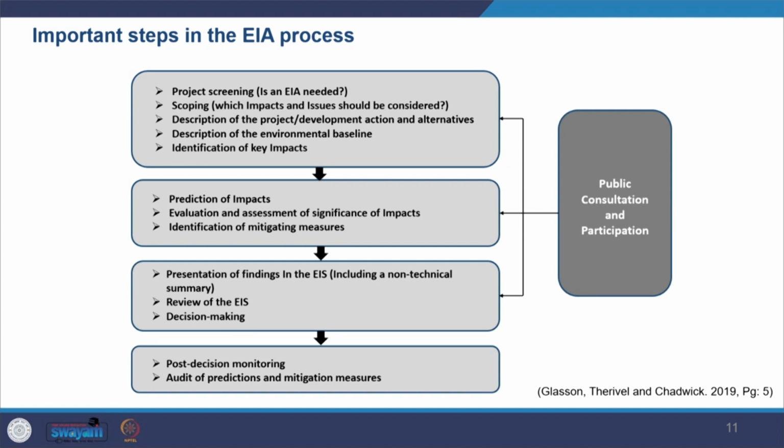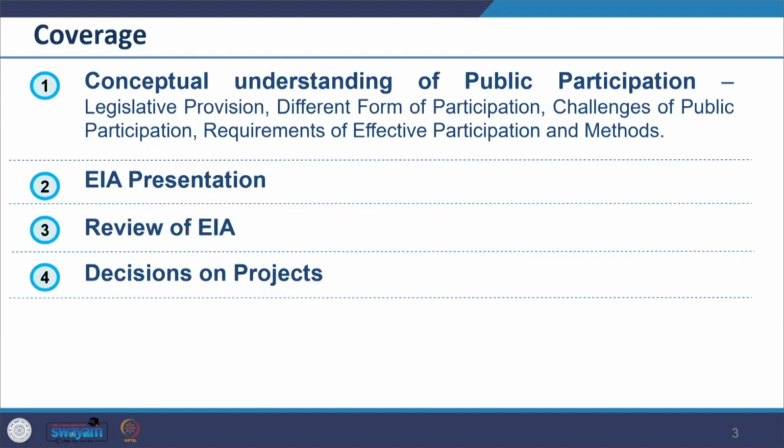And today we're going to look at the right-hand side box, which you're seeing, public consultation and participation, as well as the third box, where we look at the review of the EIA and then the decision-making process. So we'll look at that today. Accordingly, our coverage would include the conceptual understanding of public participation.